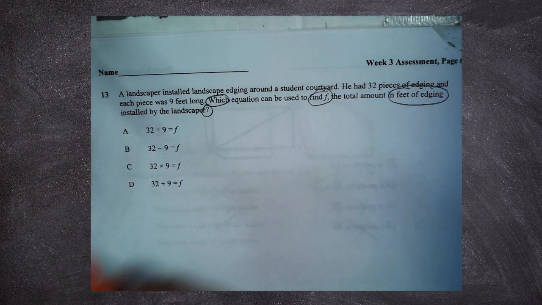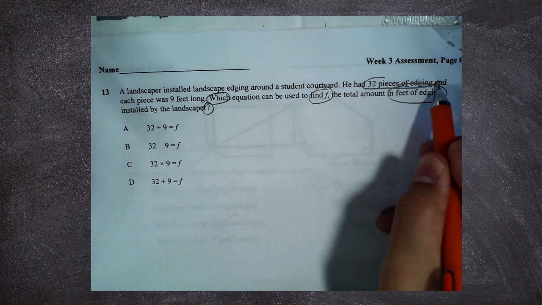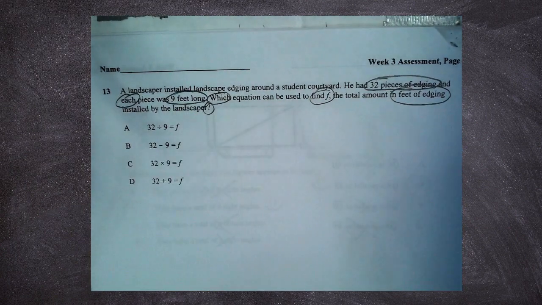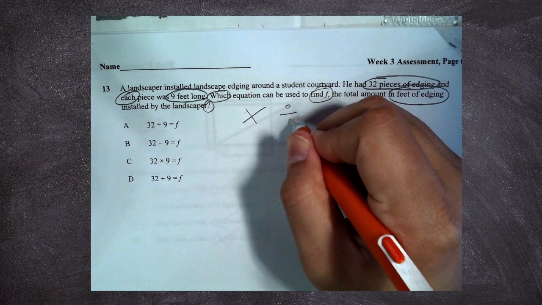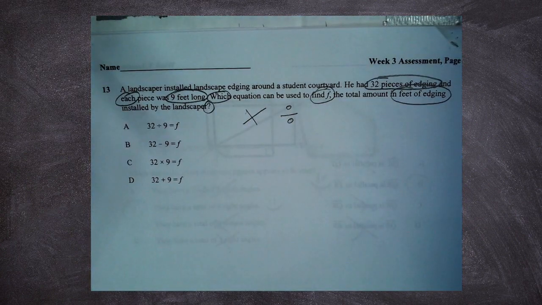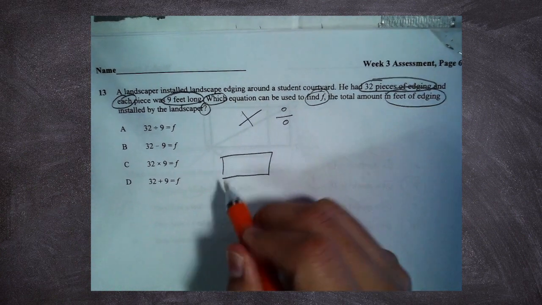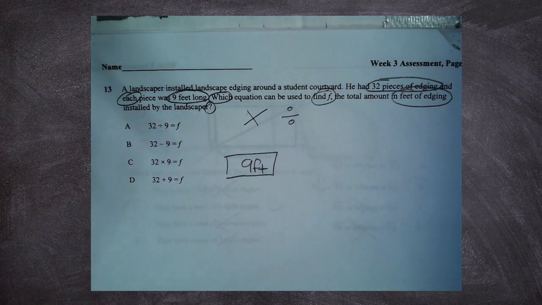If I read my question here, they tell me that they had 32 pieces of edging and that each piece was 9 feet long. Since they use the word each, that should tell me I should either multiply or divide. So here's one piece of edging. It's 9 feet. The landscaper did not just use one piece.